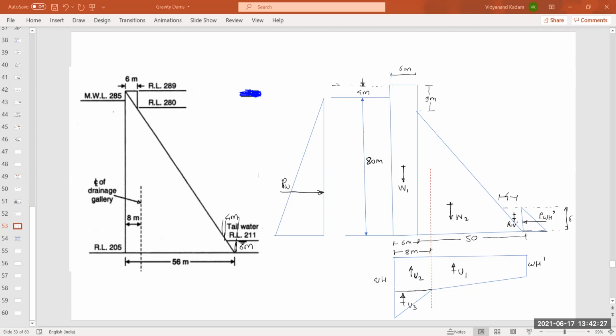Height of water is 80 meter and W is 9.81. So it is 784.8. This total height is W into H, and this value you have worked out as 784.8.